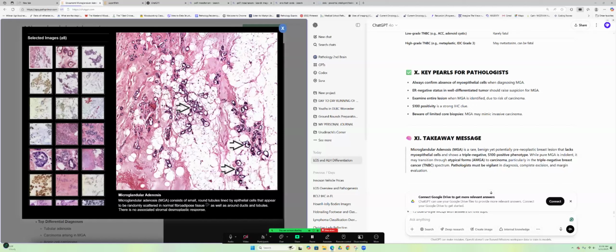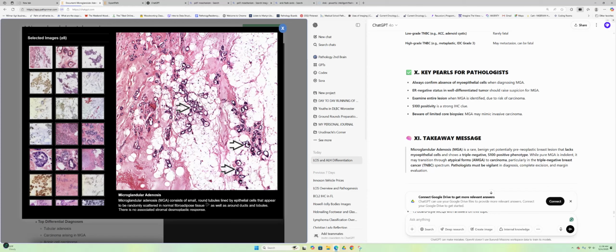I think of microglandular adenosis. And examine the entire lesion to look for the possibility of carcinoma.